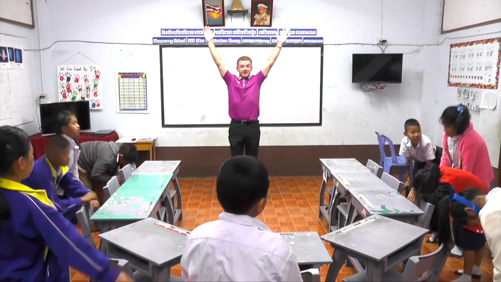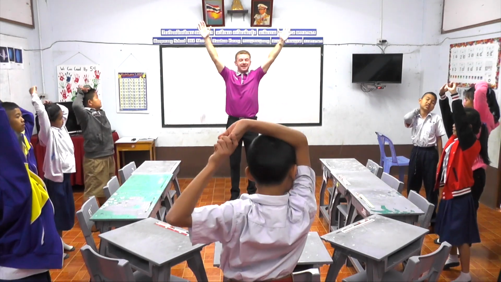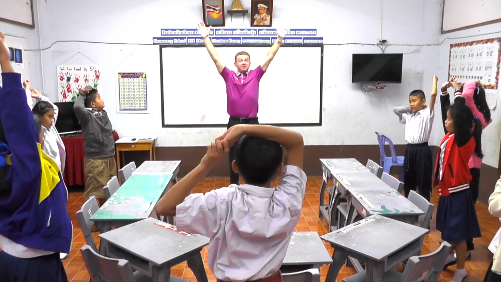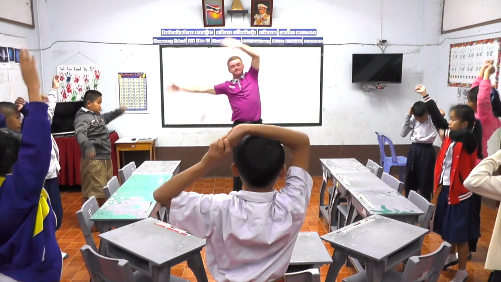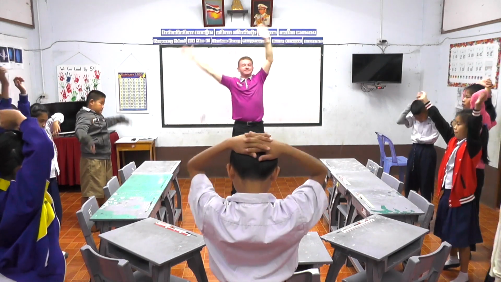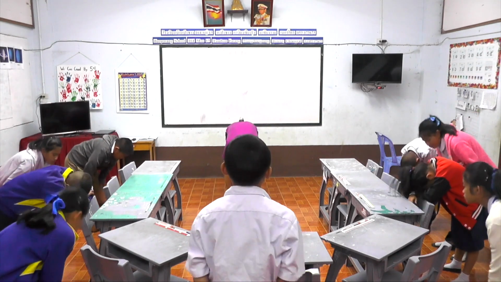Back up high one more time. And this time, can we go tippy toe high? And while we're there, let's have a wave side to side. And back down to touch your toes once more.